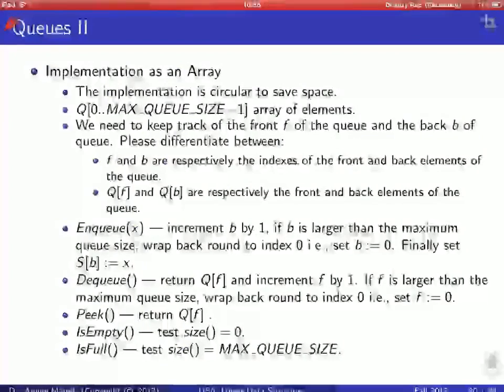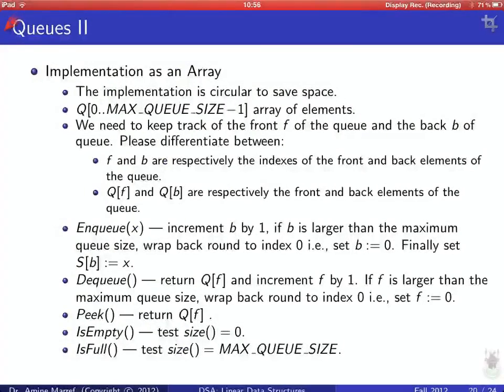If we want to implement the queue as an array, we are going to define the array, which is the queue here. I'm saying the implementation is circular to save space. I'll return to this in a bit. But now let's just look at the queue as an array.